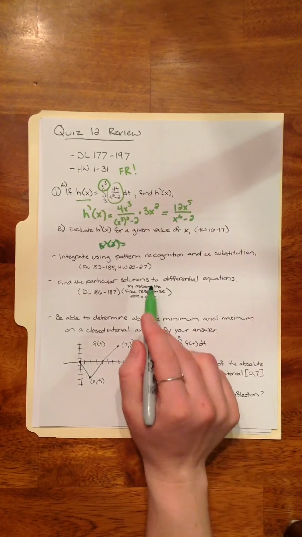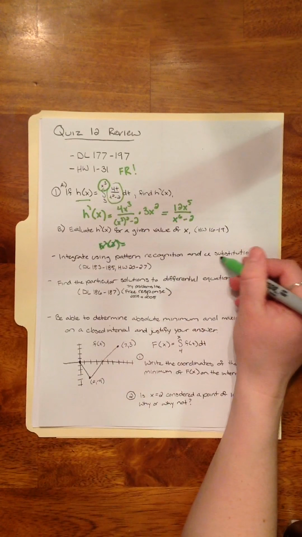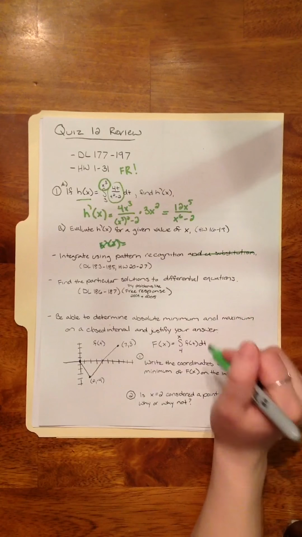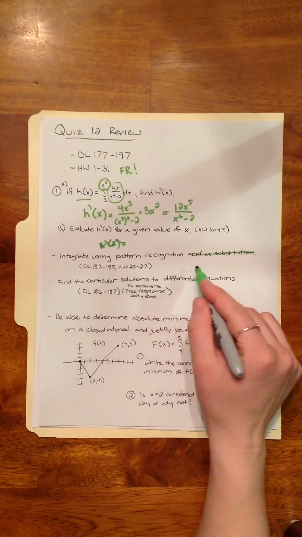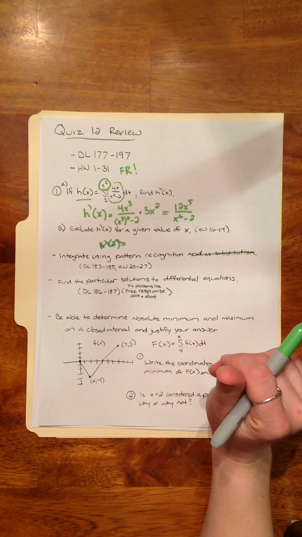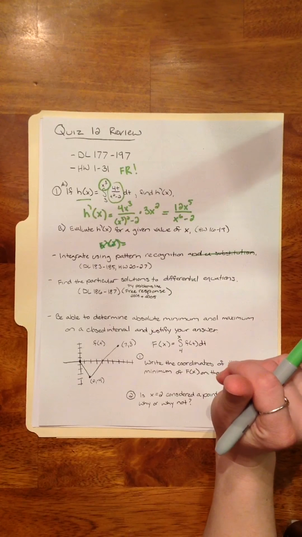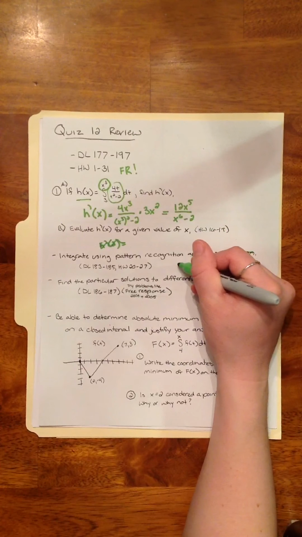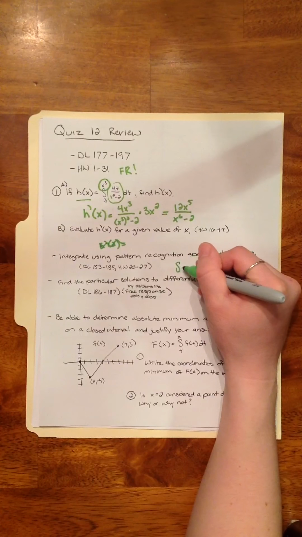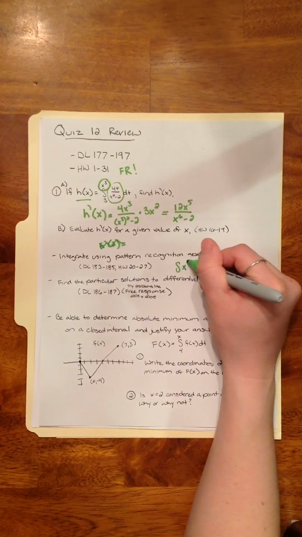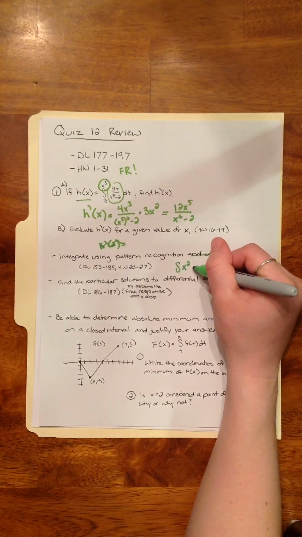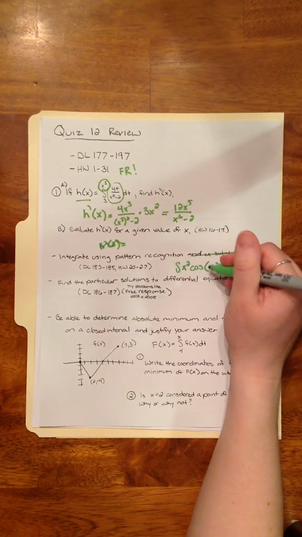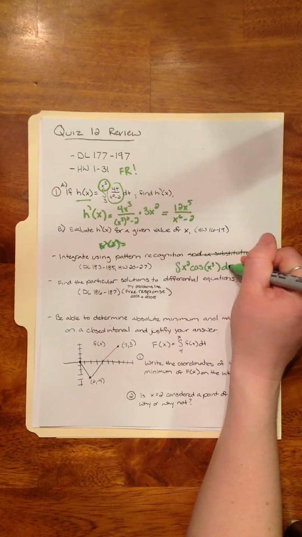Okay, the next one says integrate using pattern recognition. Use substitution. I gave you those two problems specifically, so look at those two problems. One of them will be on here. What I mean by pattern recognition is if you see that there is a function within a function of some sort, like there's lots of homework problems where maybe it will be an integral of x squared times cosine of x to the third dx, something like that.